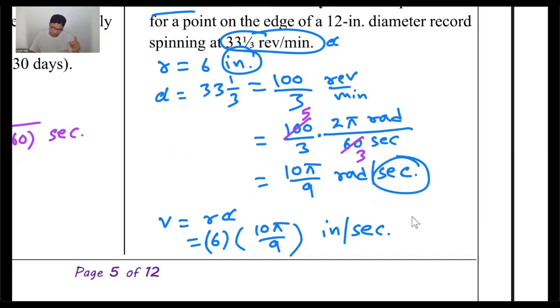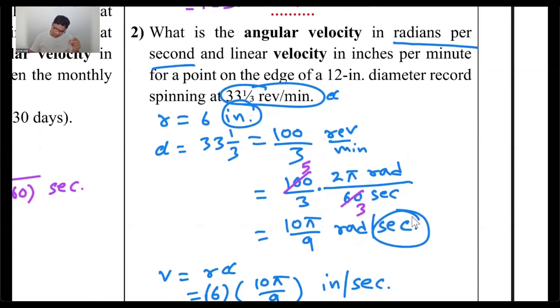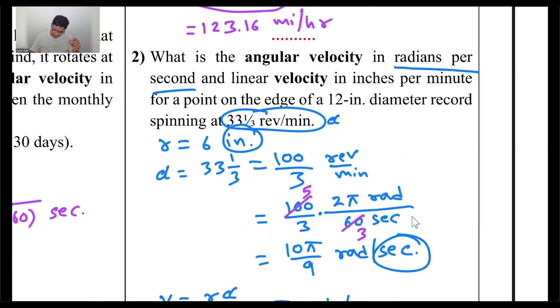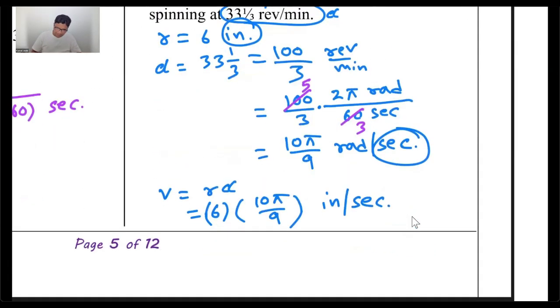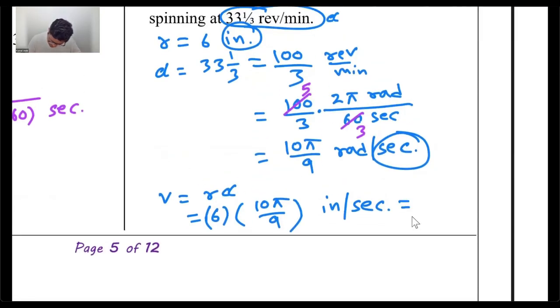And what do we need to do? Convert it to inches per minute. Pay attention here carefully. You cancel the 6 and 9, 2 times and 3 times. So 20 pi over 3 is the value. Inches is inches. That second you have to convert to minutes, right? 1 over 60 minutes.